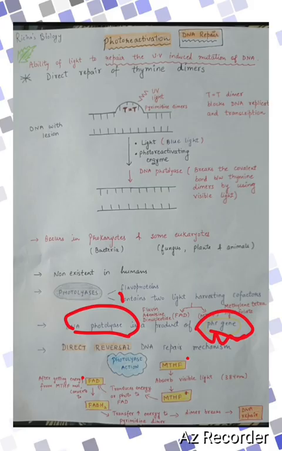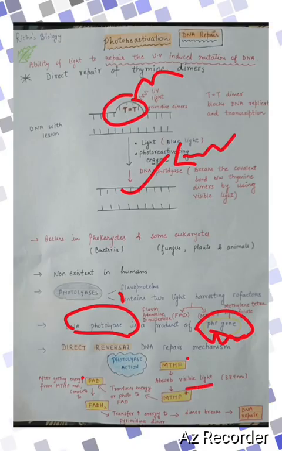So it is a direct reversal DNA repair mechanism. You can see here when the UV light comes, the TT dimer is formed. Now the visible light, which activates this enzyme photolyase, is responsible for the repair process, right? And how is it repairing? MTHF will absorb the visible light of 384 nanometer, and it will get excited.